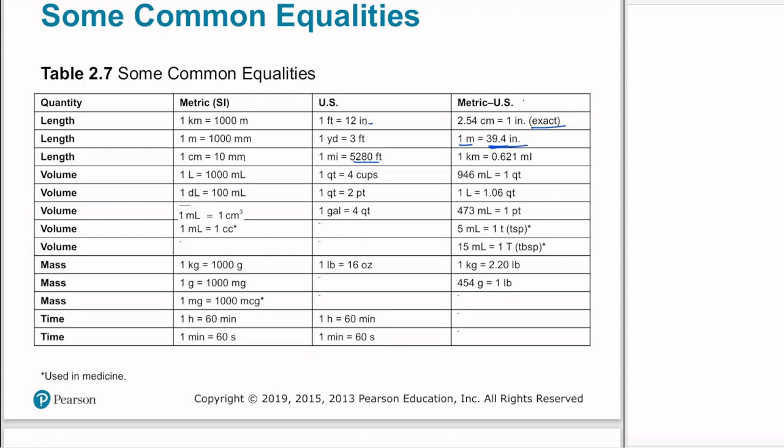That would limit our significant figures to 3 if we use that number. So you may want to look up a more precise definition of the conversion factor that you want. 15 milliliters is 1 tablespoon. 1 kilogram is 2.20 pounds. That measured number is going to limit your number of significant figures.